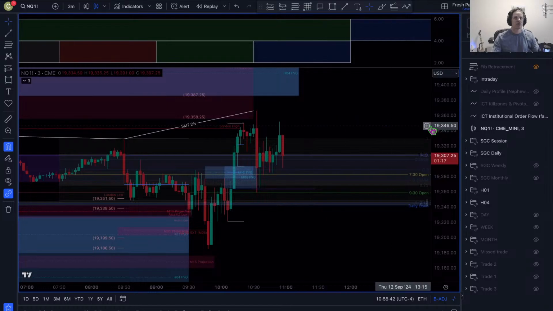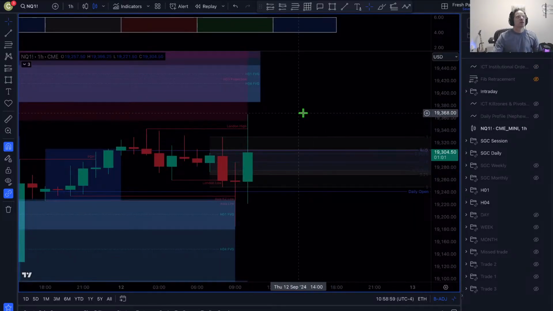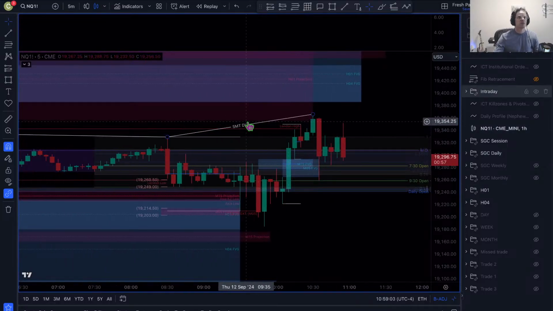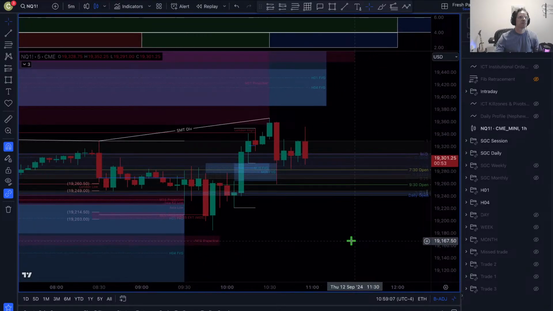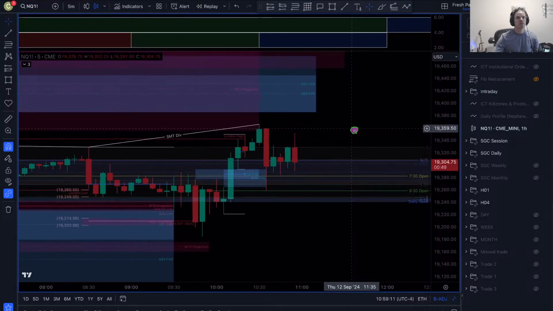H1 projection was hit. Now, this isn't confirmed on the 15 minute. On the 5 minute it was. One minute for the hour to close. But not, I mean, it was because you closed below that sweep.